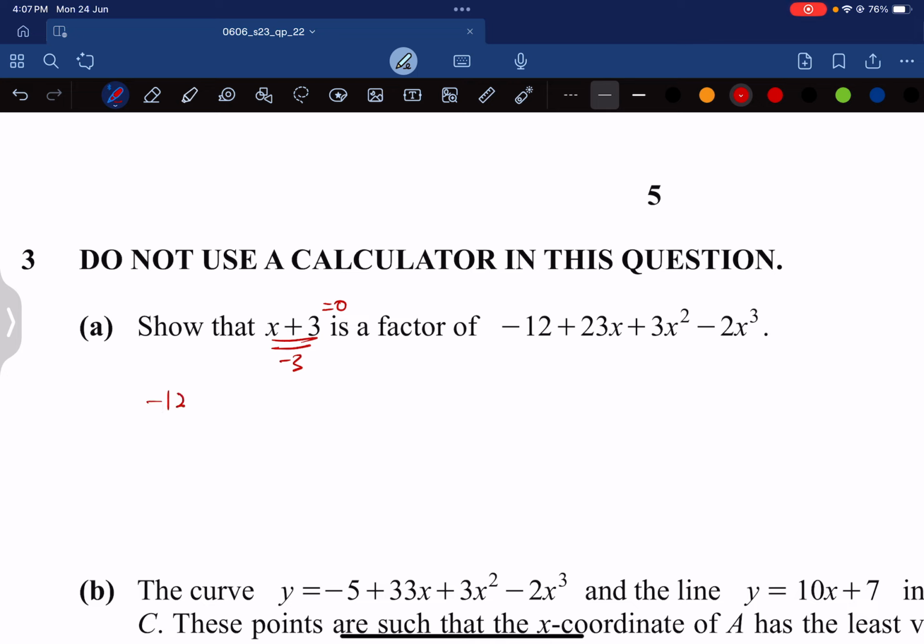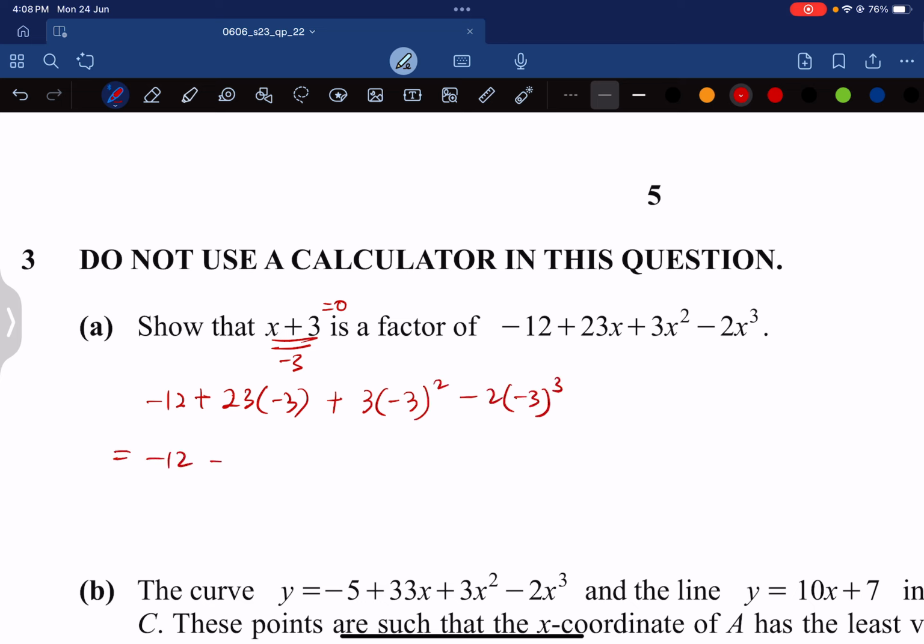So negative 12 plus 23 times negative 3 plus 3 times negative 3 squared minus 2 times negative 3 to the power of 3.